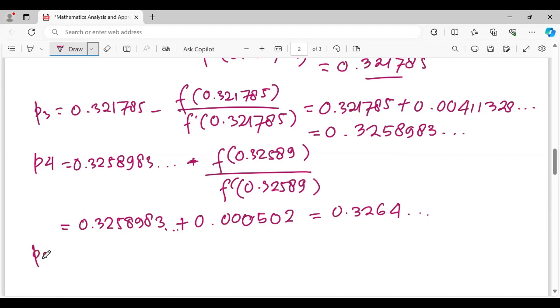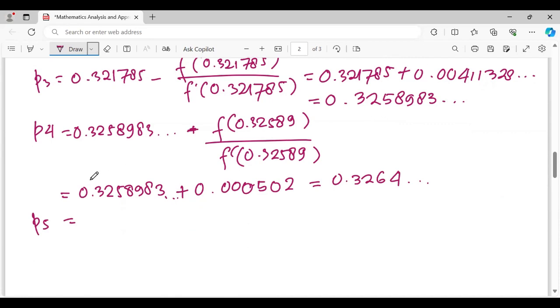And P5, with the same method, the same steps, you can find the result is 0.3264, and so on.